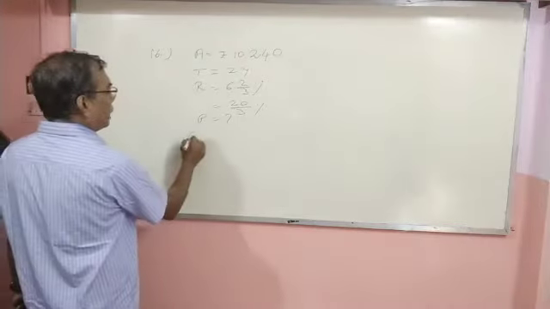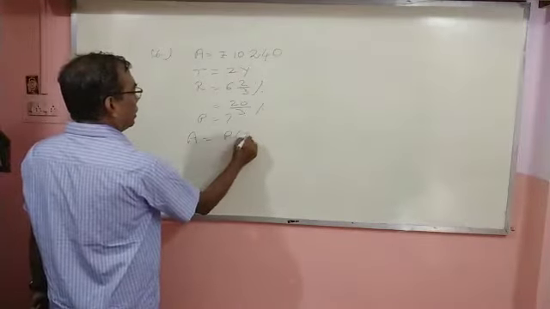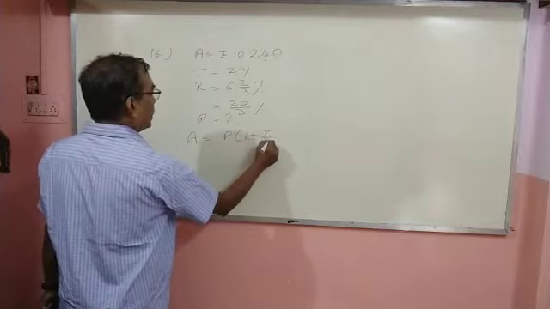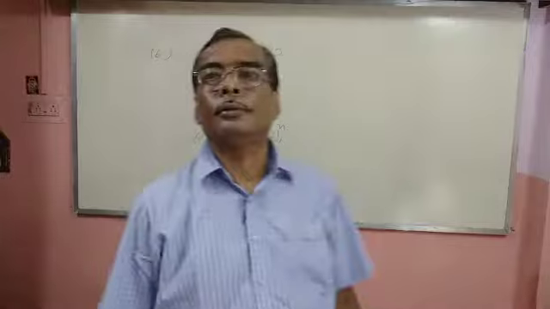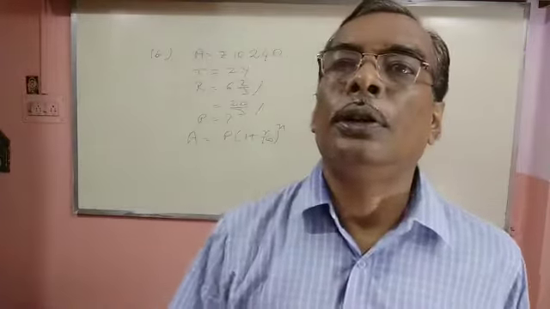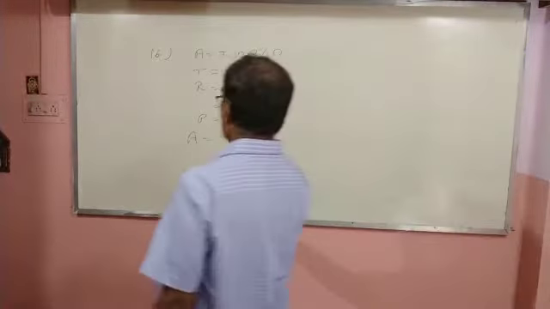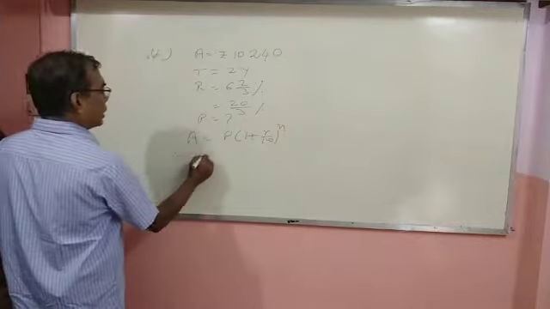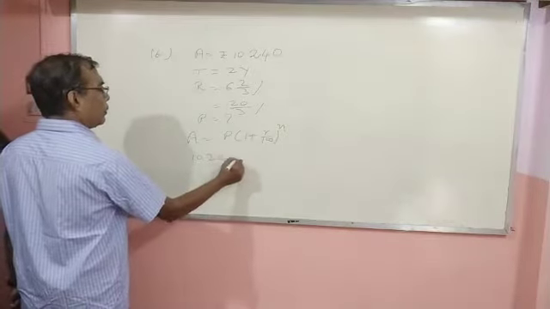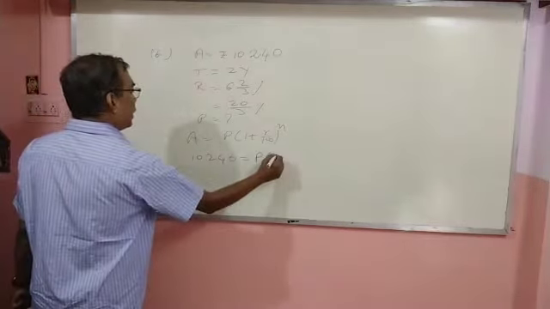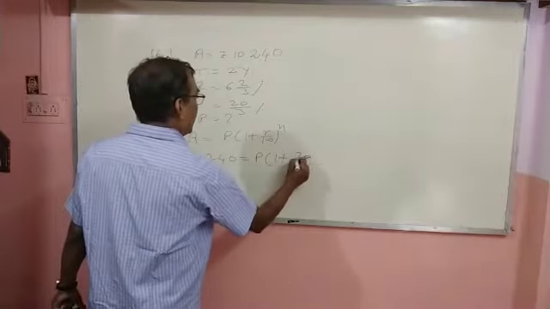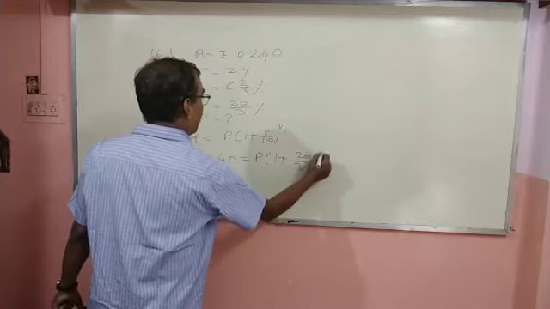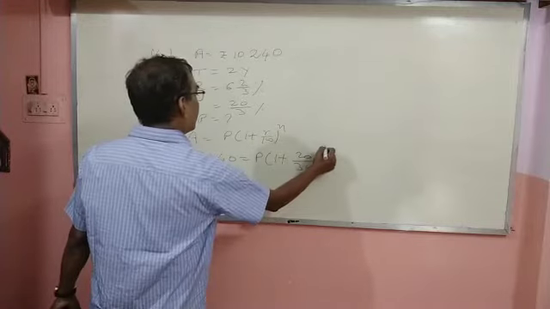Amount formula I have told you that P into 1 plus R by 100 whole raised to n. So therefore, amount is equal to 10,240. P you have to find. 1 plus R, R it is given 20 by 3, that is 300, power n. n it is 2.